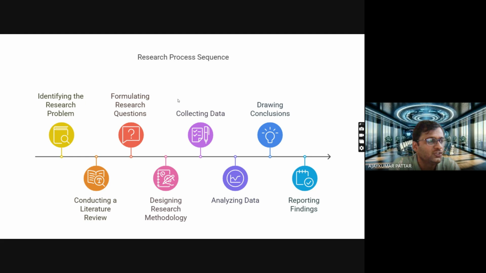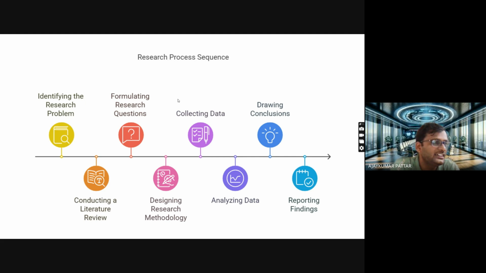Whenever you go into any research, whether you are doing PG or PhD or any research, the first and foremost thing is the area in which you are going to do the research. Before starting research, you have to search for what the research problem is.